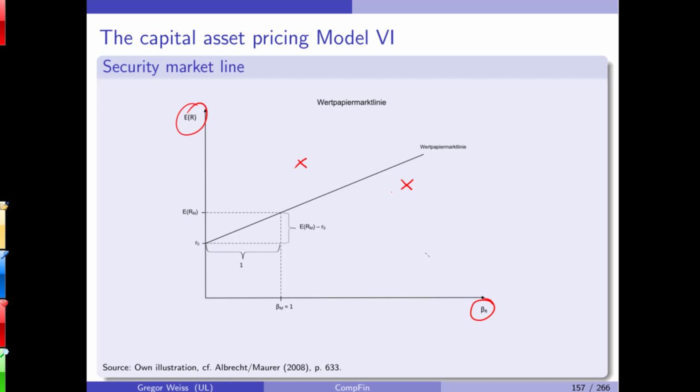And this again is the idea behind active portfolio management, that you try to identify those stocks that have a price that is currently too high or too low to be true in an efficient market, and you buy or sell these stocks, and you try to beat the market, and you speculate that prices will go up or go down back to the security and capital market line.